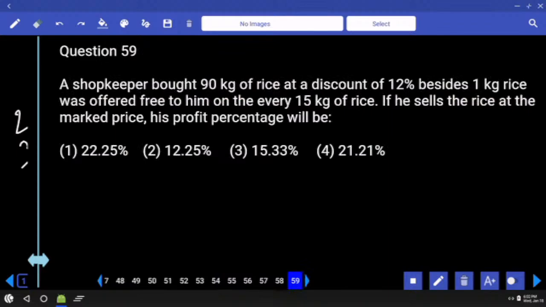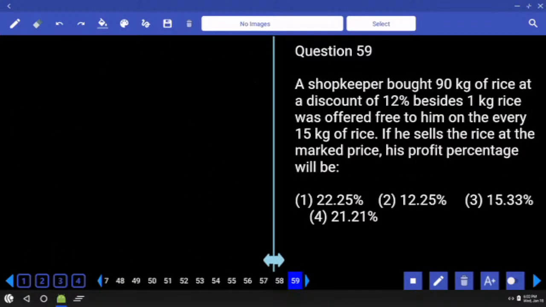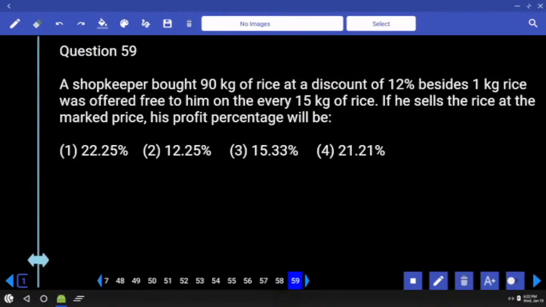This is an interesting question. This is one of the few questions in your paper which are a little bit tricky. A shopkeeper bought 90 kilos of rice at a discount of 12%. Besides, 1 kg of rice was offered free to him for every 15 kilos. See, let us say the cost price of 90 kilograms of rice is rupees 90 only.